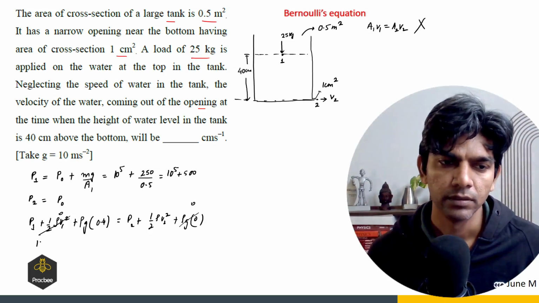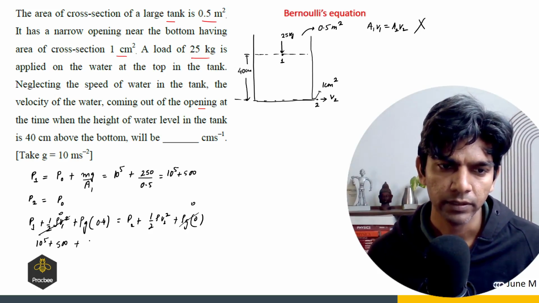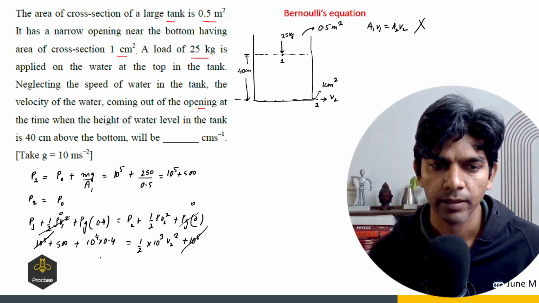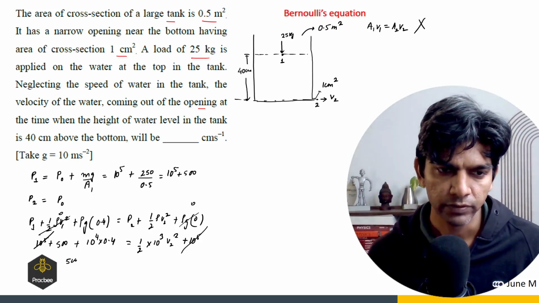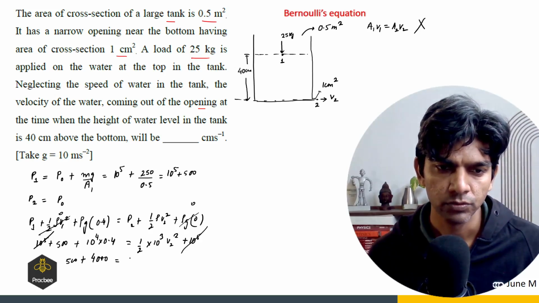P1 is 10 raised power 5 plus 500, and then rho g will be 10 raised power 4 times 0.4 is equals to half rho is 10 raised power 3 times V2 square, and P2 is 10 raised power 5. So 10 raised power 5 will get cancelled out. So we are getting 500 plus 4000 is equals to 500 V2 square.